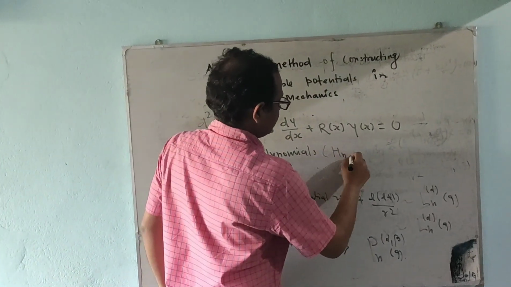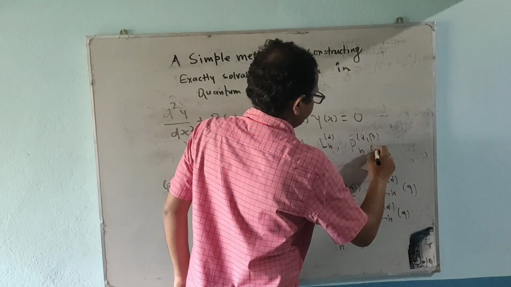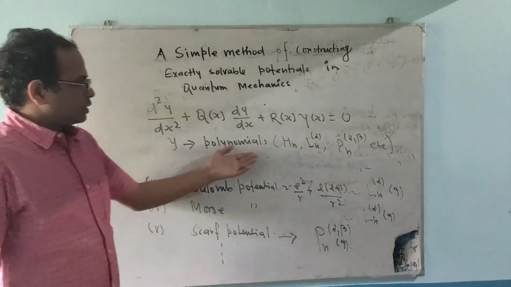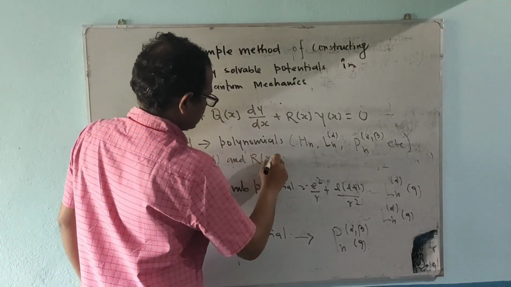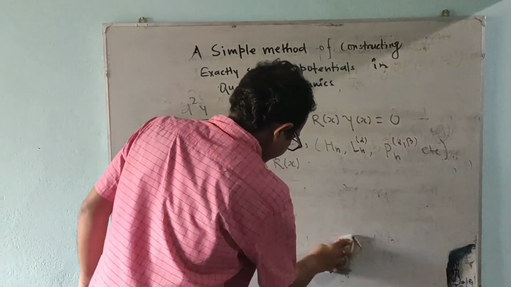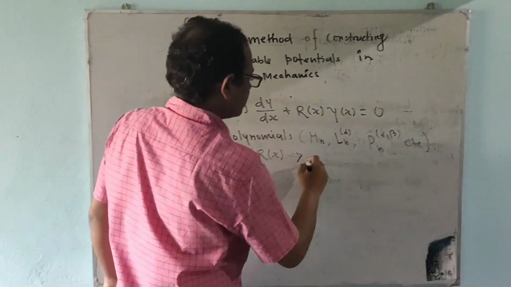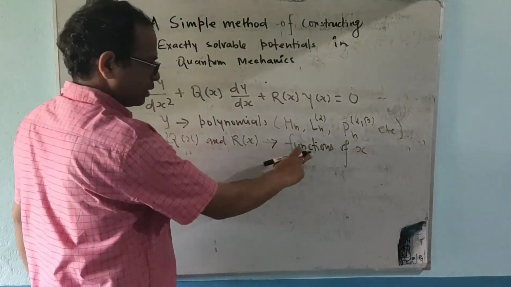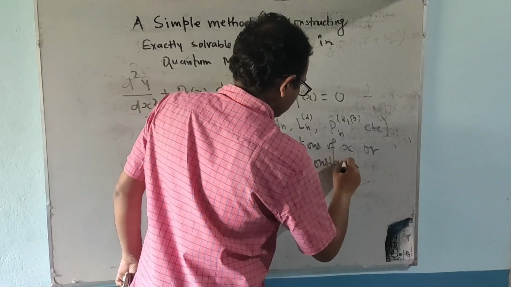This may be Hermite, Laguerre, or associated Laguerre, Jacobi, etc. This is the solution for this one, and this q of x and this r of x, these two may be functions of x, or some constant.